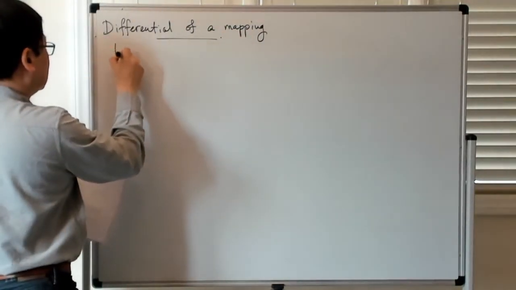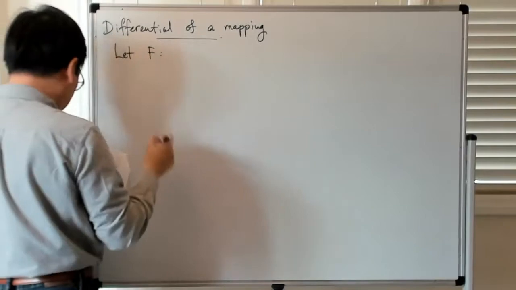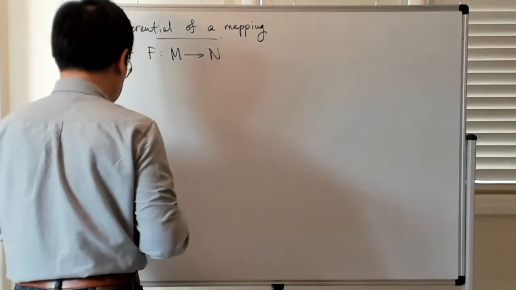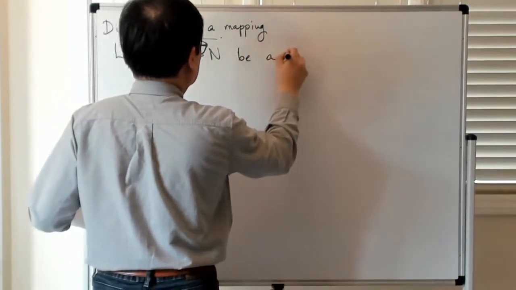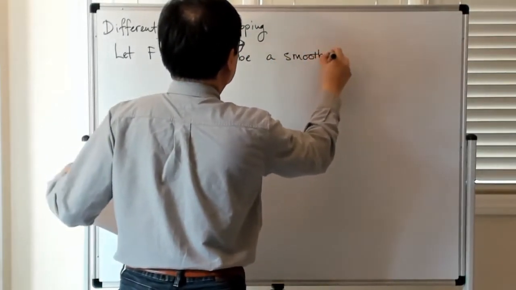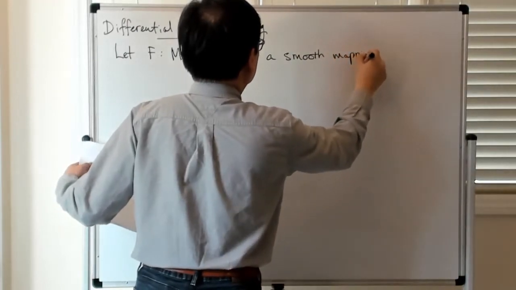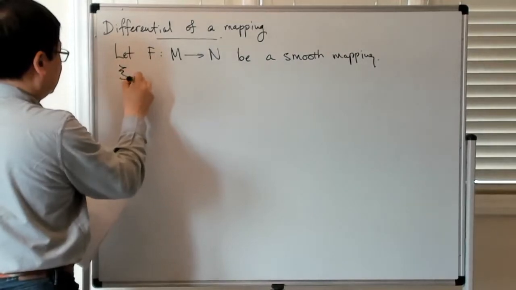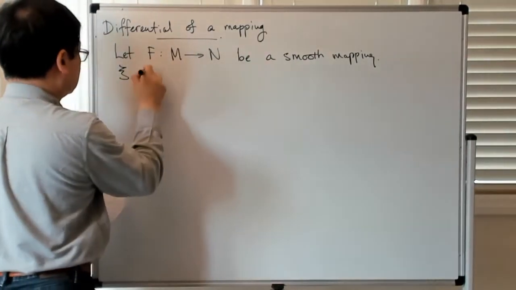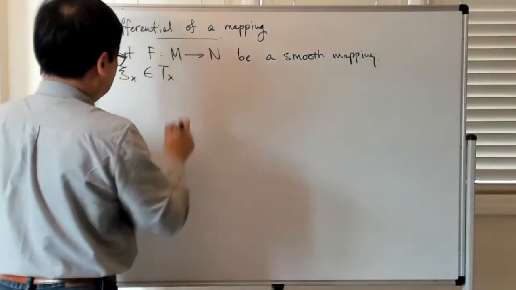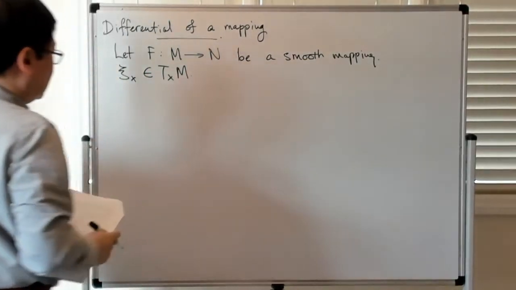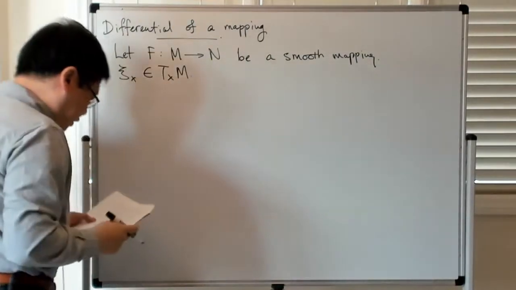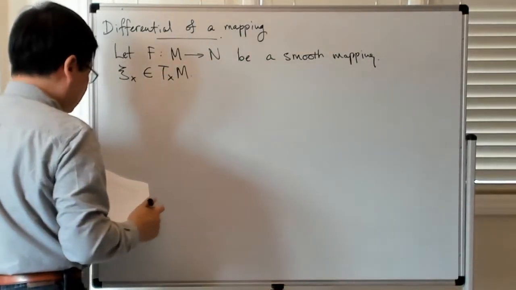Let's say we have a map F from one manifold M to another manifold N. And then let's say we have a tangent vector C, which is in the tangent space at the point X on M.